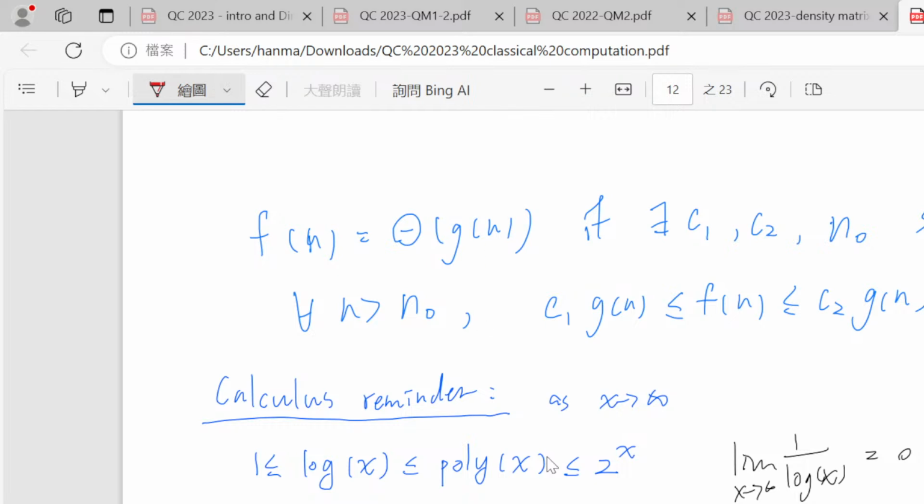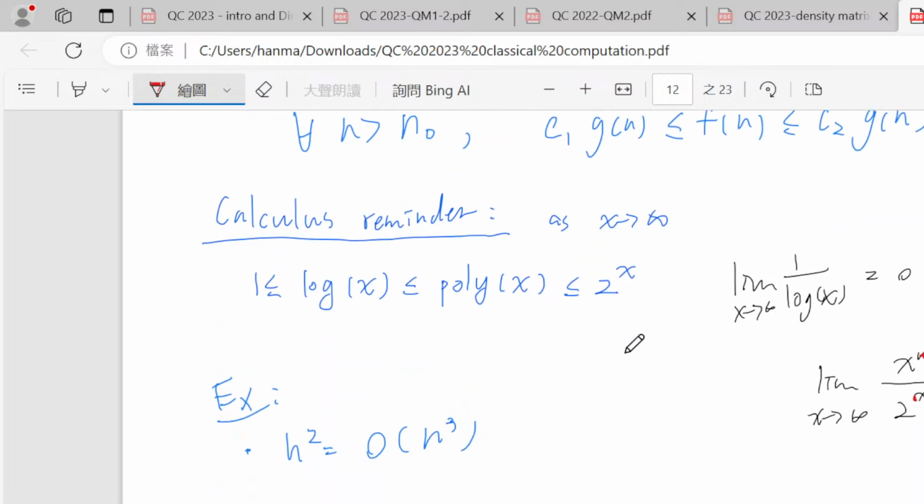Also inside the polynomials, we have the limit as x goes to infinity of x to the a over x to the b equal to 0 if a is less than b. So if the power is smaller, then it grows slower.